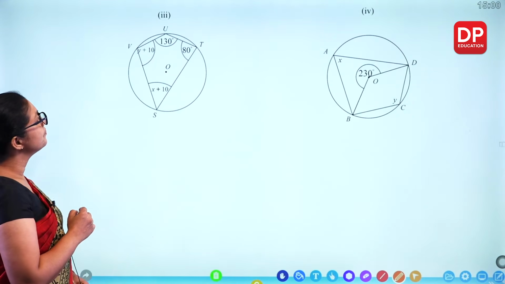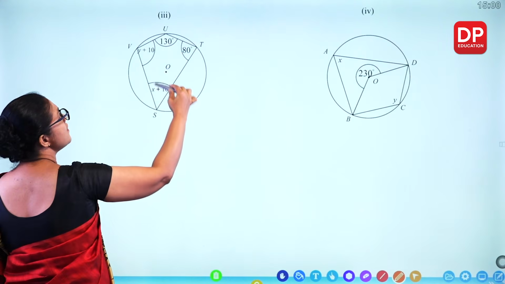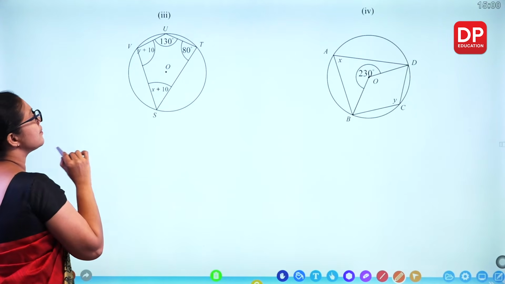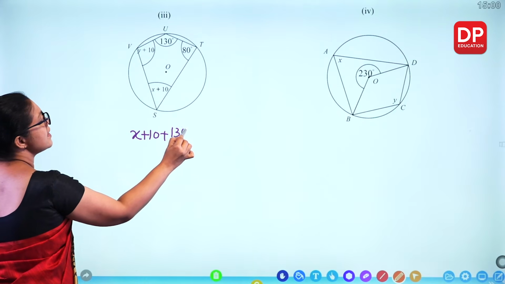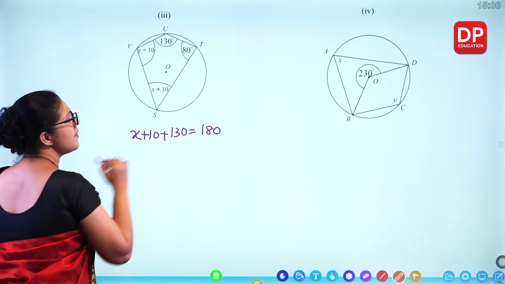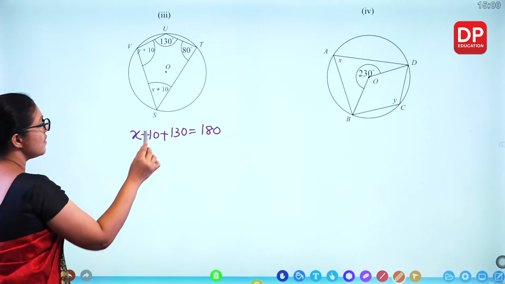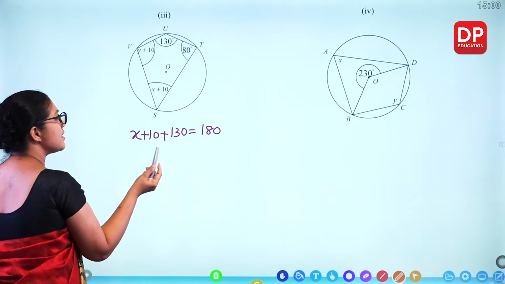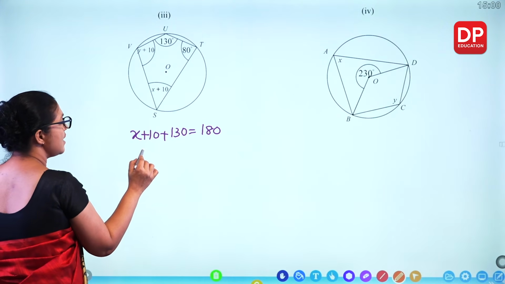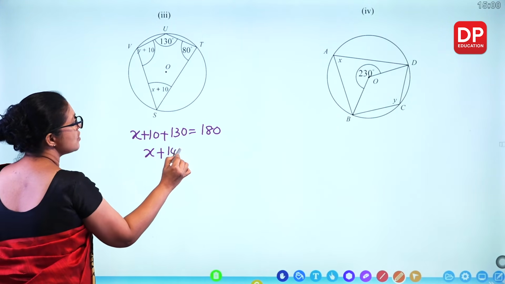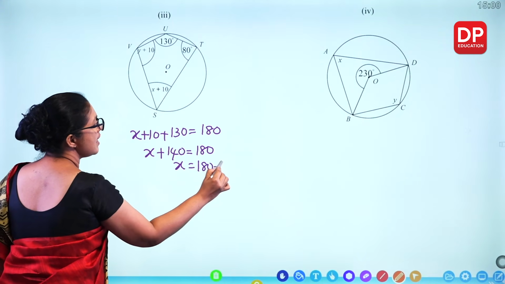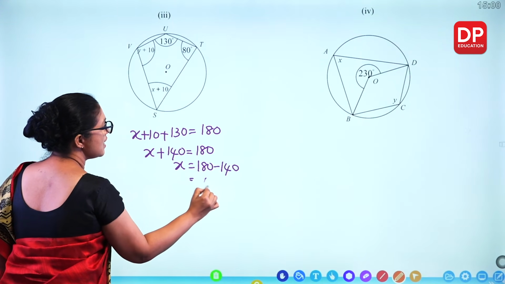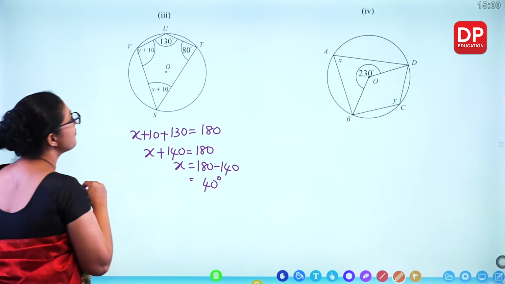Next one. Now these are the two opposite angles. X plus 10 plus 130 is equal to 180. Now solve. 130 plus 10, 140. When you take it to the other side, you get x equals 180 minus 140, 40 degrees.